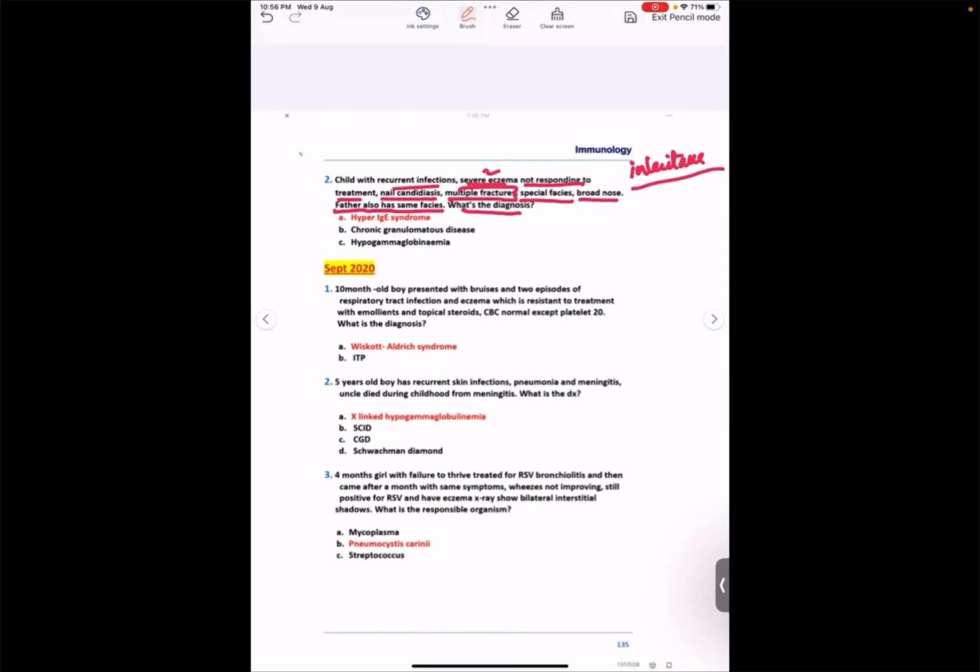X-linked? Why? Autosomal recessive? No. That is a dominant disease. When the father is having the problem, the child is having the problem, the grandchild is having the problem, that is an autosomal dominant disease, right?